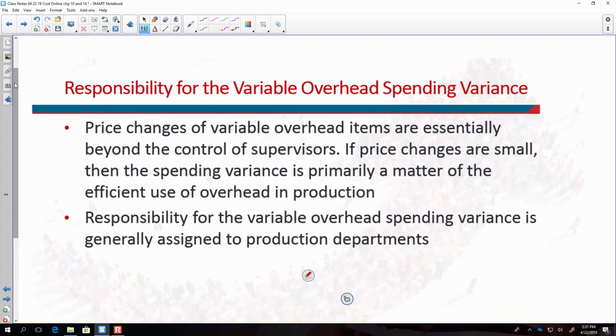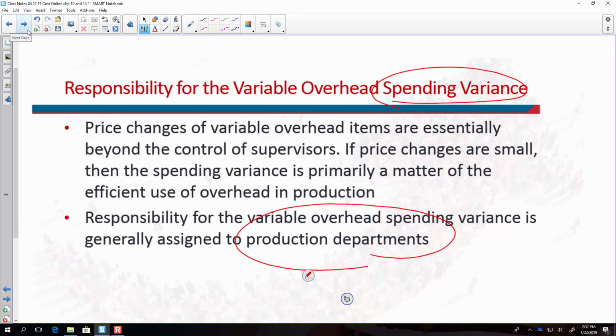And also similar to our material and labor variances, there's someone always responsible, or who do we talk to in this case regarding a variable overhead spending variance. And in this particular overhead assignment process, and you'll see those questions on the multiple choice questions on the exam, the production department is the person responsible for that variable overhead spending variance.